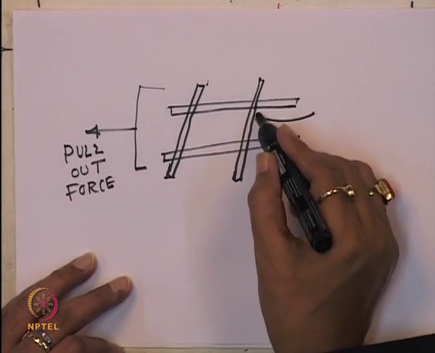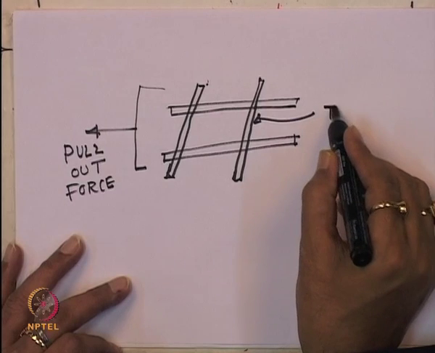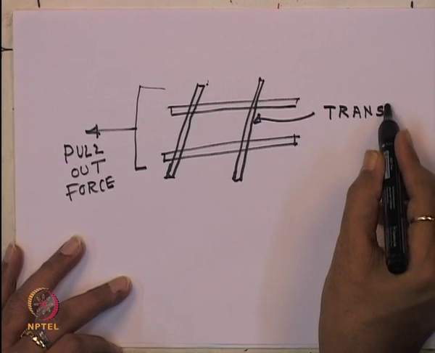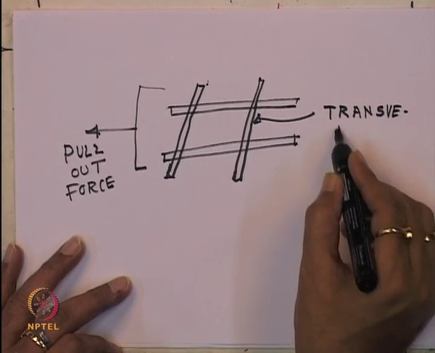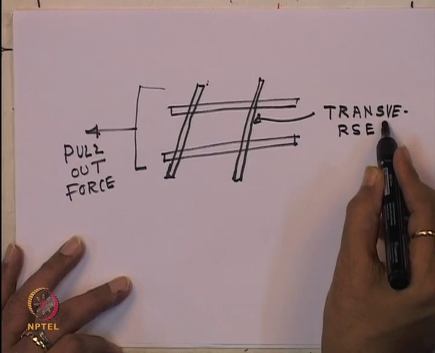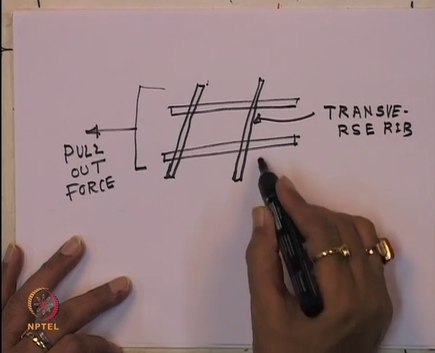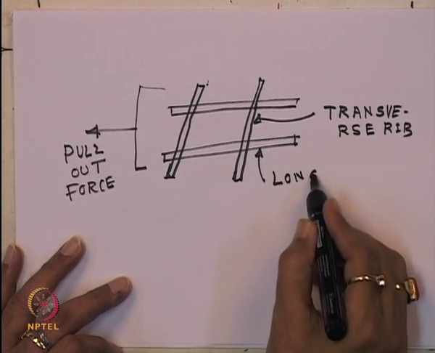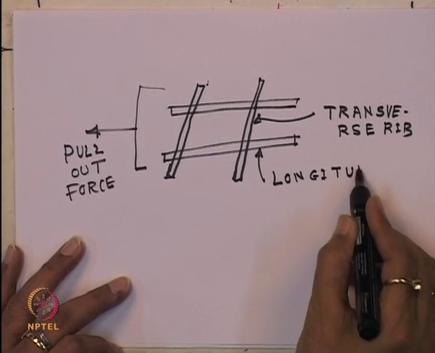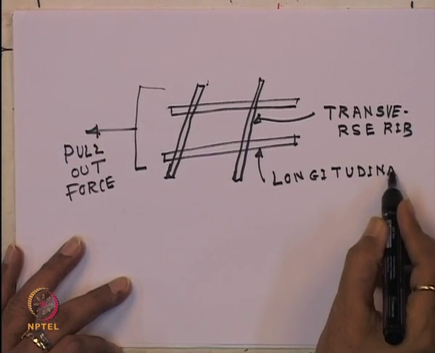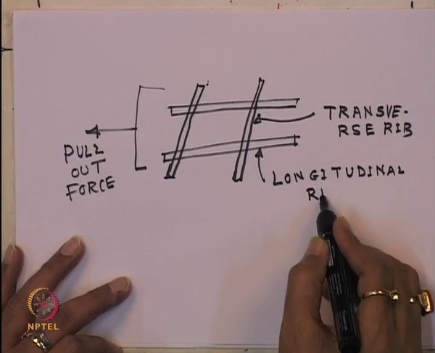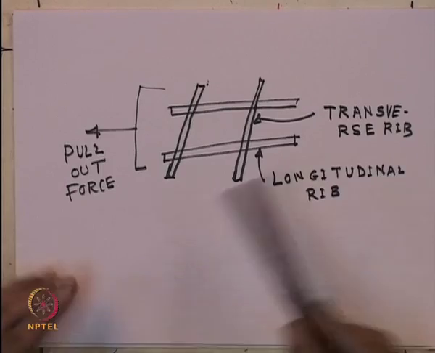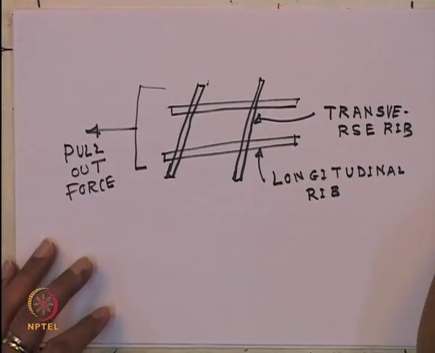So this is the transverse rib, and also the longitudinal rib.